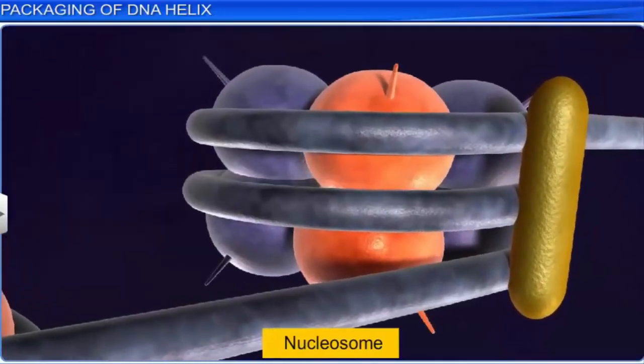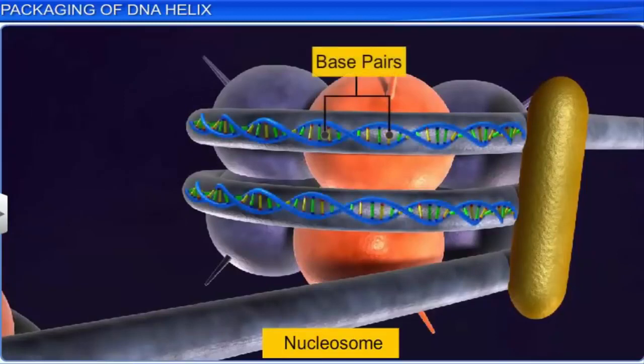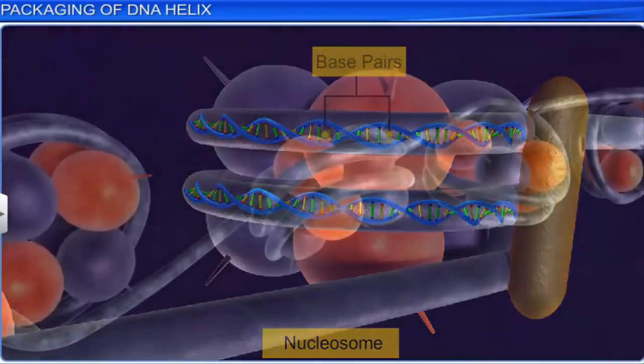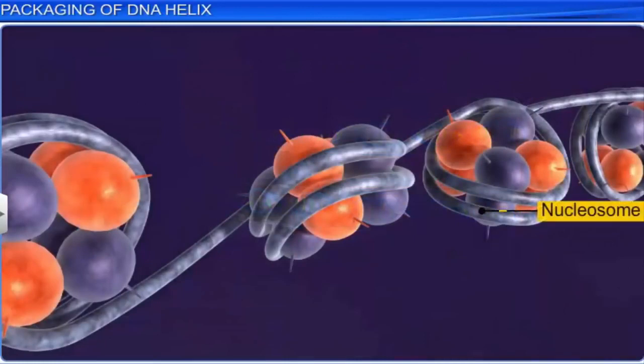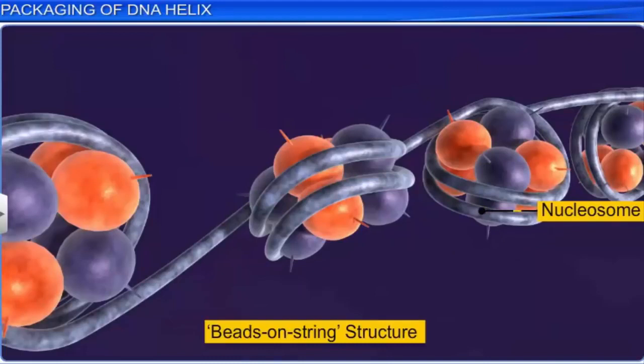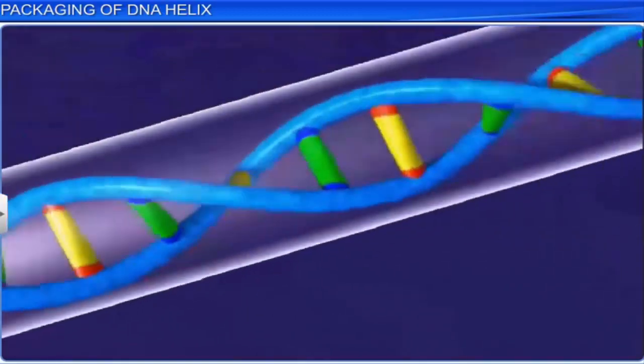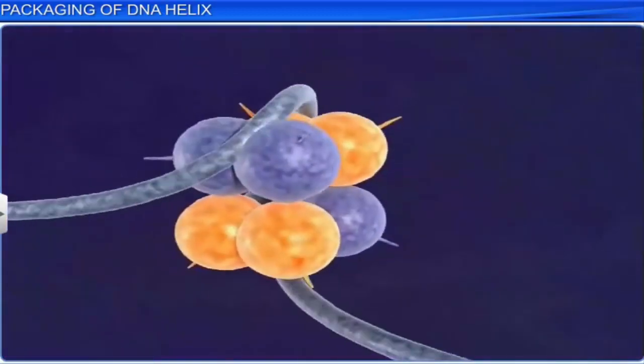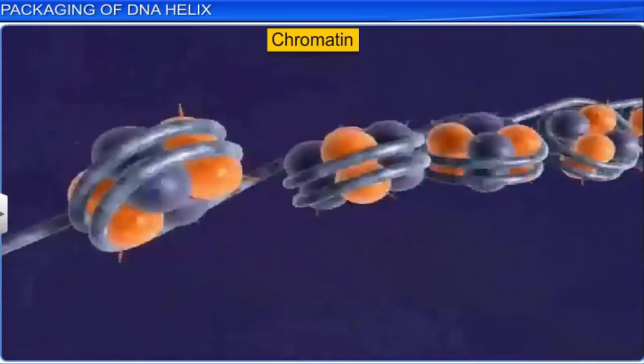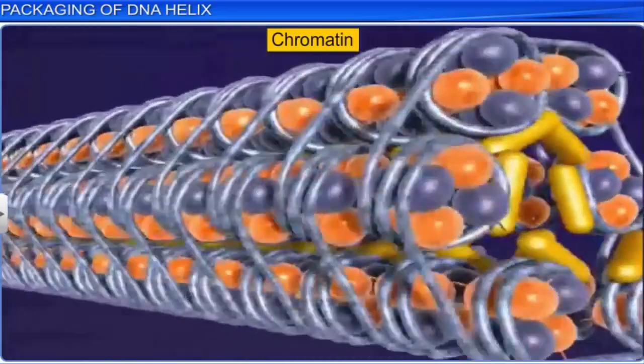A typical nucleosome has around 200 base pairs of DNA helix, and the nucleosomes present in chromatin can be seen as a beads-on-string structure when observed under an electron microscope. It is the nucleosomes that make up the repeating unit in chromatin, the thread-like bodies present in nucleus.